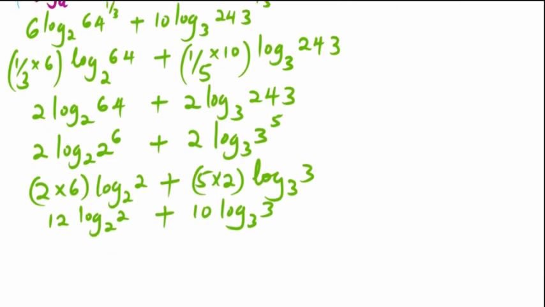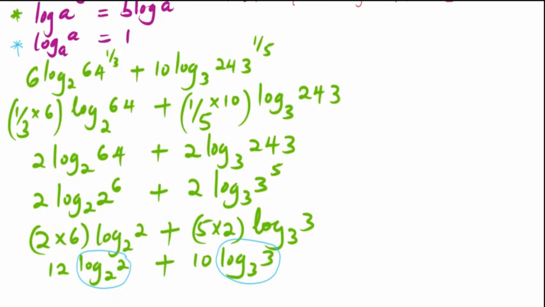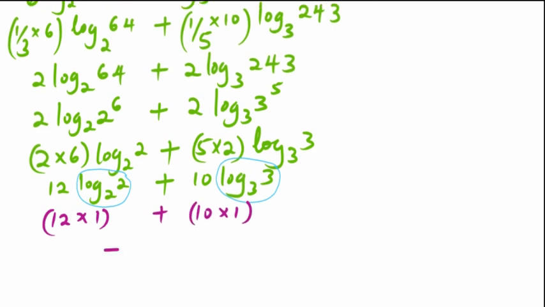Look at this: log 2 to the base of 2 and log 3 to the base of 3, each is equivalent to 1. So this will give 12 times 1 plus 10 times 1, which is 12 plus 10, and the answer is 22.